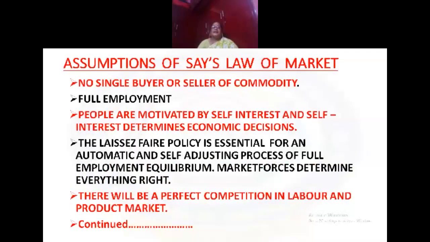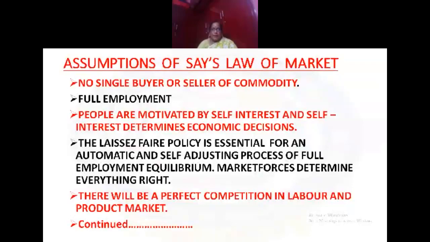What are the assumptions of Say's law of markets? There are so many assumptions. If I say there are 12 points, let us see one by one. First, no single buyer of a commodity or an input can affect price. Second, full employment.